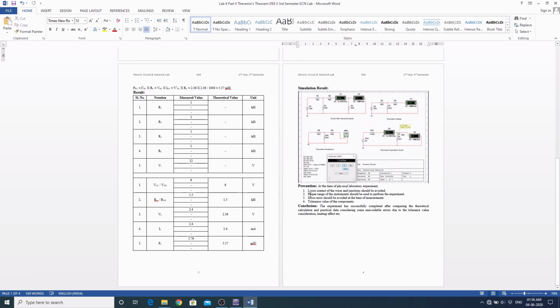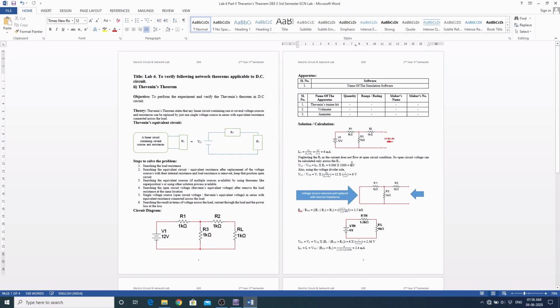In that case the loose contact should be avoided and the proper range of instrument should be used while performing the experiment, and the tolerance value of the component should be noted, because according to the tolerance value the calculation will change, and the gross error should be avoided at the time of measurement, like parallax error for the analog type instruments, and for the digital type instruments the values should be noted properly.